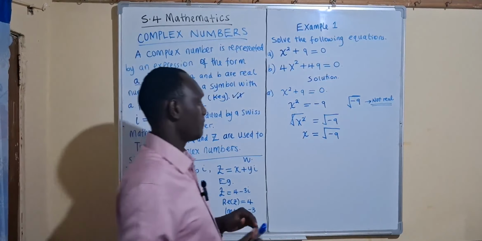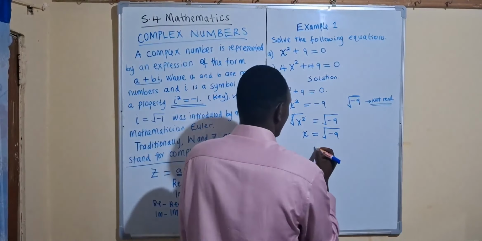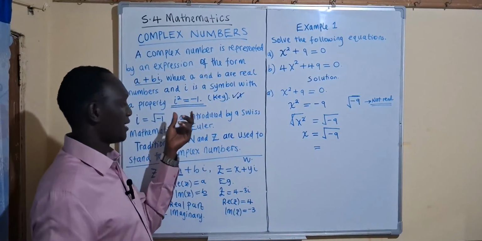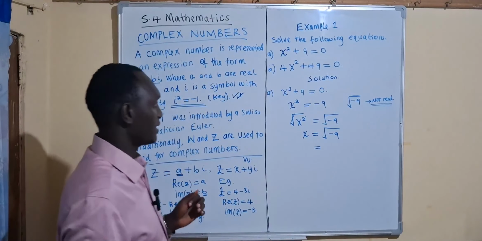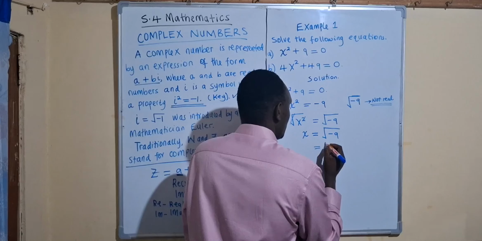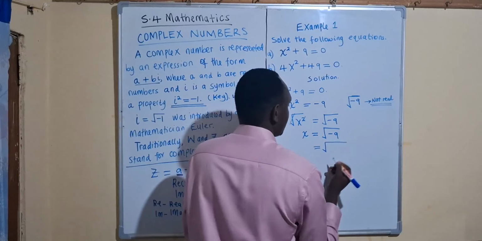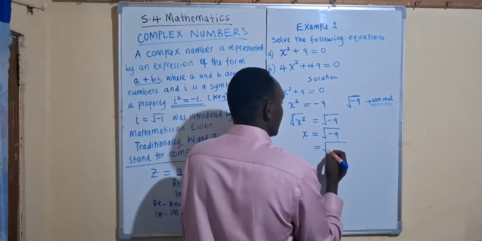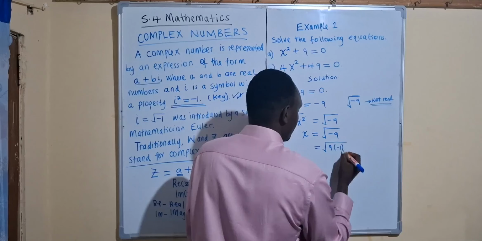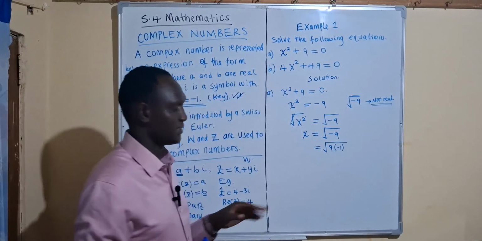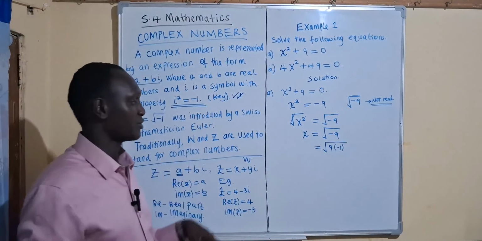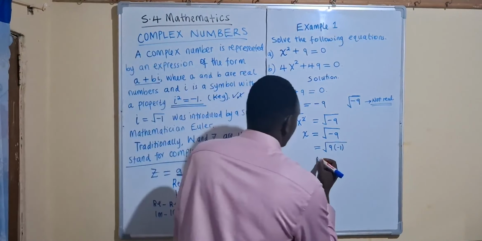So what shall we do? We try to find ways of introducing this i on negative 1. To make your solution easier, you can see that negative 9 is the same as 9 times negative 1. So we have not made any change to the equation.